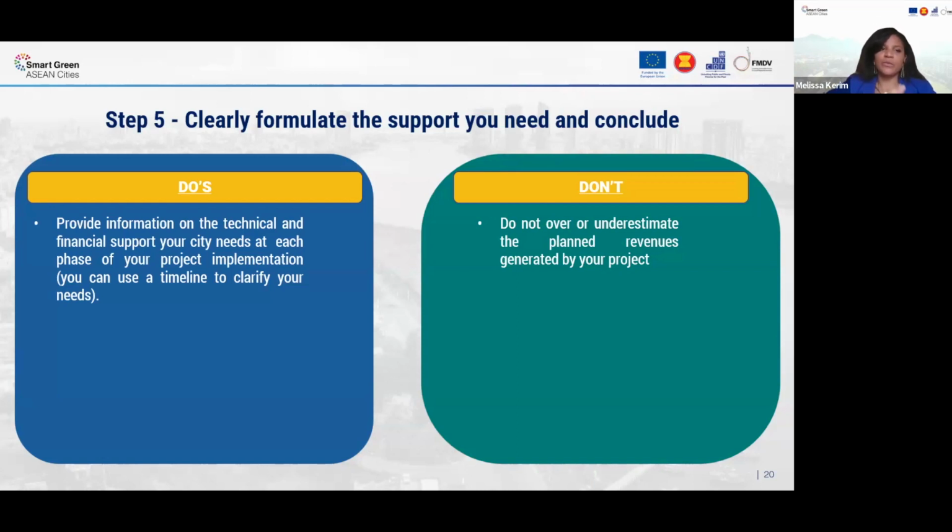If you need support throughout the project life cycle, just highlight the different types of support you need at different stages. This very last slide is very important, because it will form the basis of your conversation with the financiers.